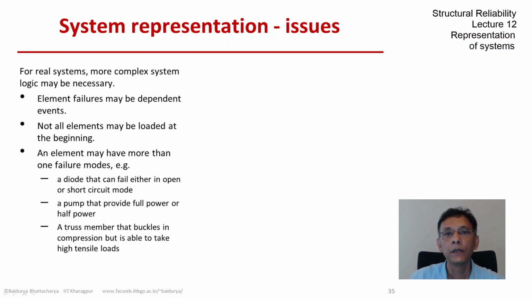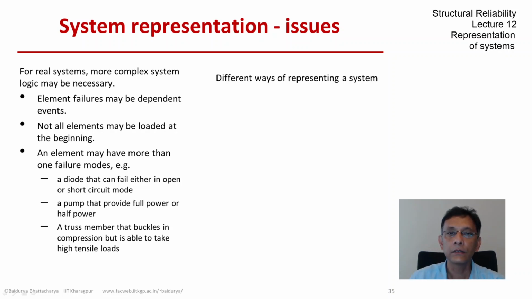A pump that works fine, then works at half power, and then doesn't work at all, so it's again a 3-state system. A truss member which is either working fine, but then in compression it buckles, and then in tension it has a completely different behavior. So these are multi-state systems. In such cases, we might need to look at different ways of modeling the system.